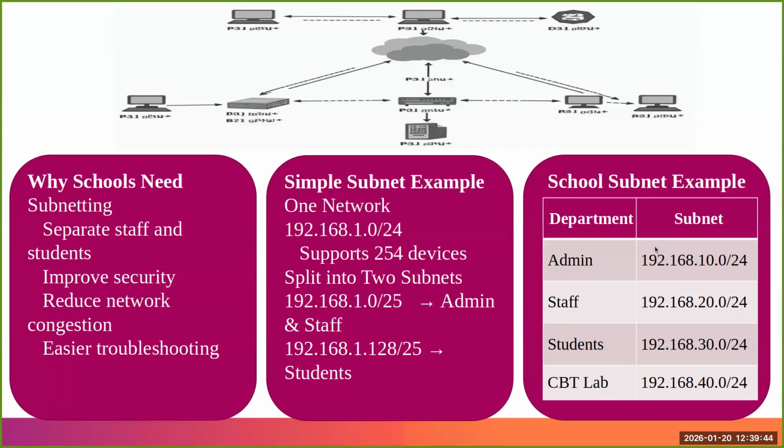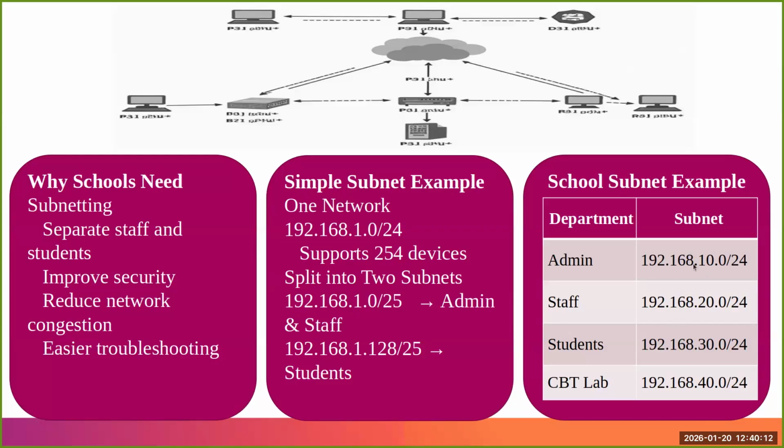Maybe admin has a separate IP address, 192.168.10.0/24. Staff having 192.168.20.0/24. Students 192.168.30.0/24. Then CBT lab 192.168.40.0/24. Each of these are different subnets.